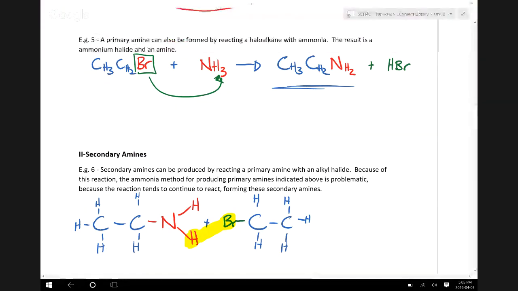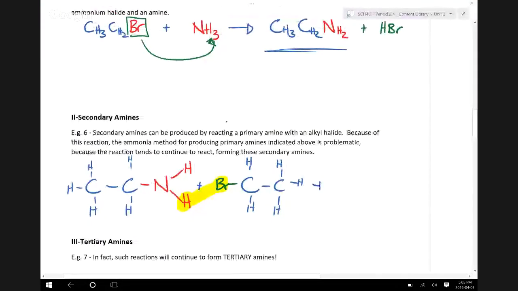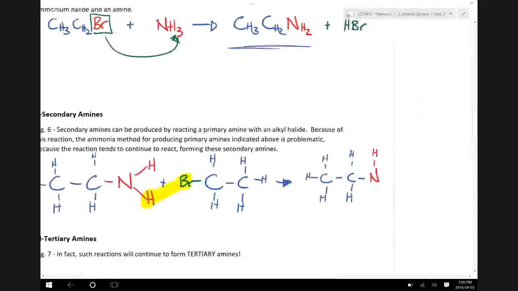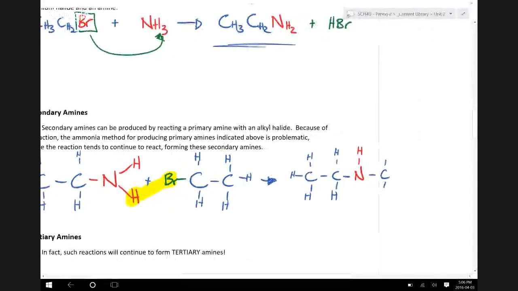We actually end up creating a new compound, a secondary amine, where we have 2 carbons like this, and then the central nitrogen with the hydrogen coming off of it, and it will now be stuck to the second chain. So it will have 2 carbons coming off of it.